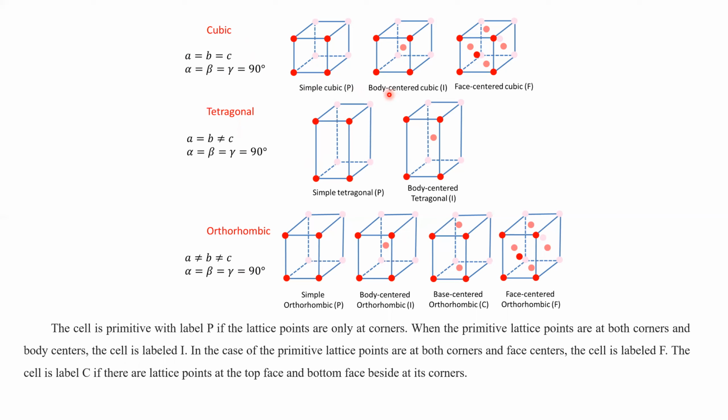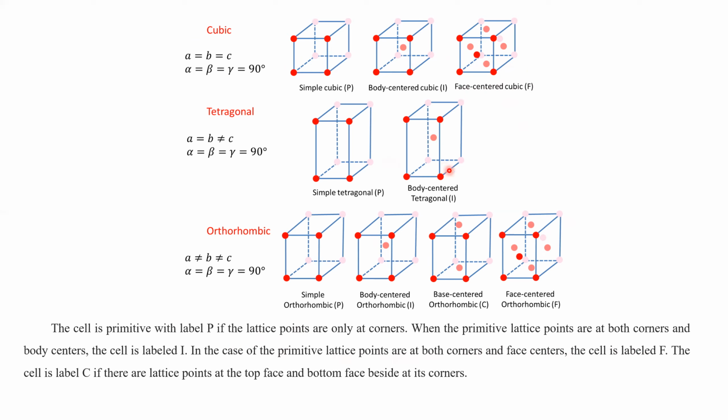When the primitive lattice points are at both corners and body centers, the cell is labeled I. So here we have I. For face-centered cubic, the primitive lattice points are at both corners and face centers, and the cell is labeled F. So this is F. So we have 3 for cubic.